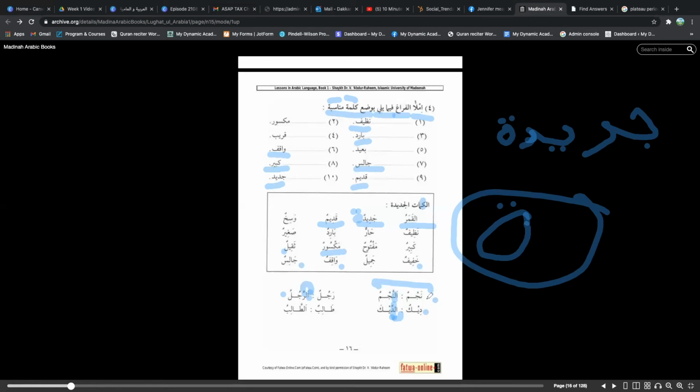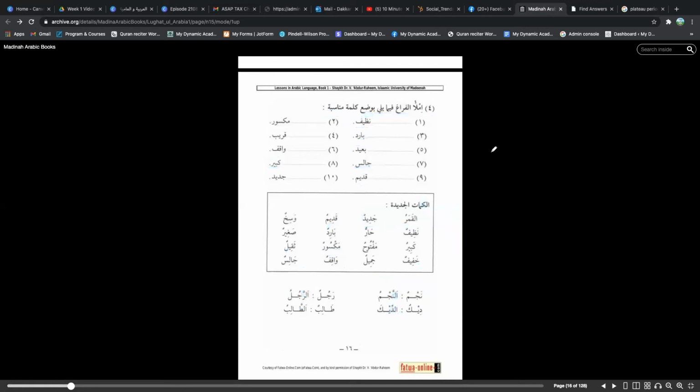They also did it here with najmun, because noon is a sun letter. So it's an-najmu, ar-rajulu, ad-diiku, because dal is a sun letter. Ad-diiku, the rooster. Talibun, and here we go again. It's not al-talibu, it's at-talibu. The alif goes straight to the ta. The sounds connect.